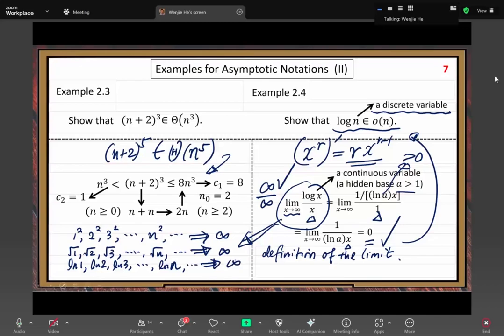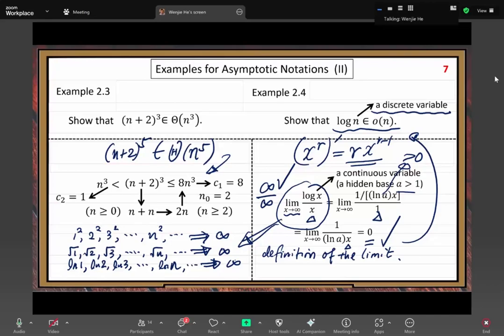So which way? Because in our discussion, we never mentioned which way we take for x to go to infinity.